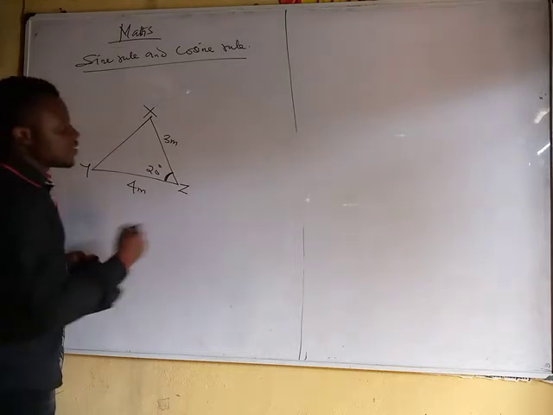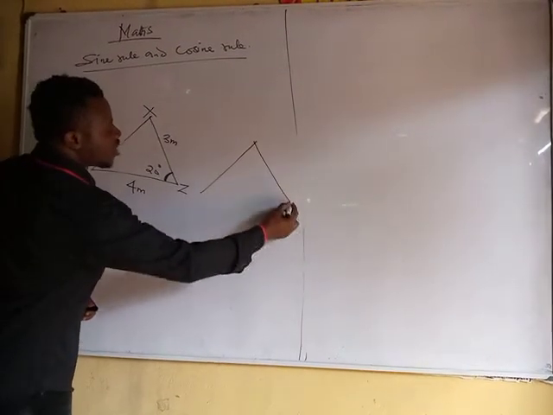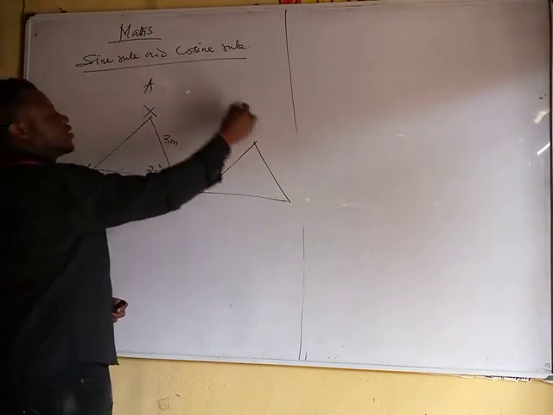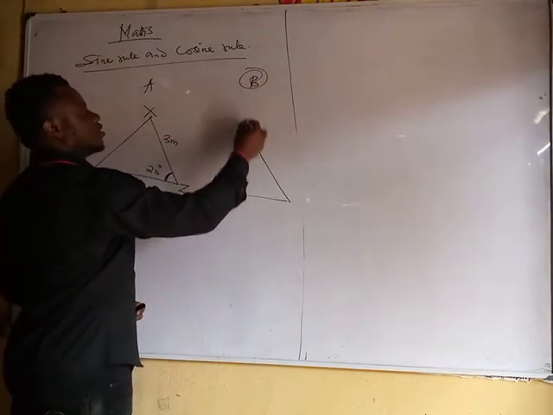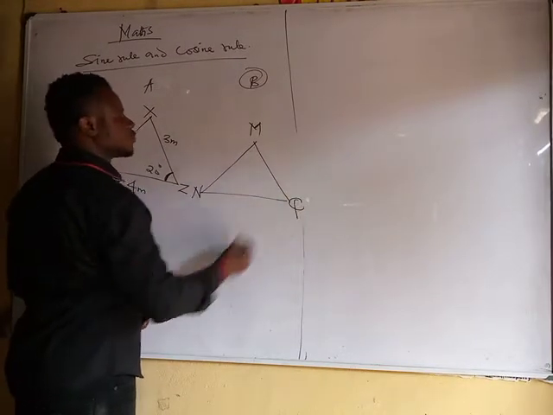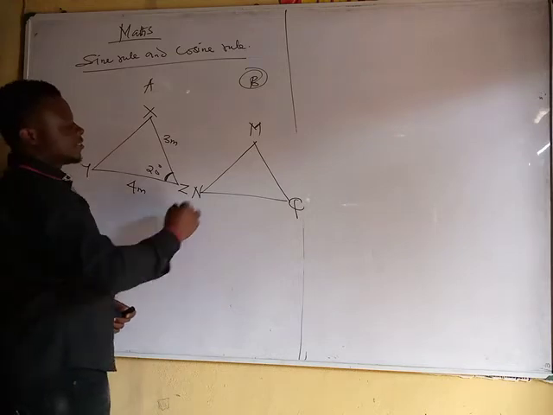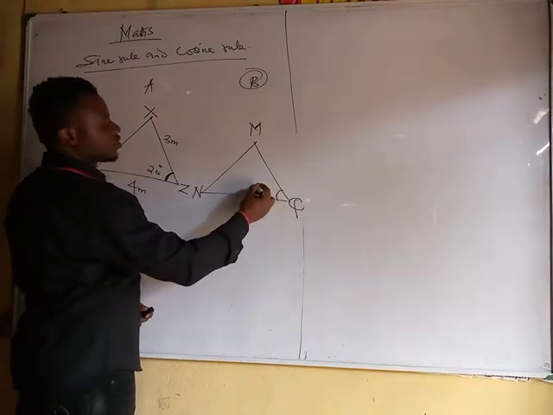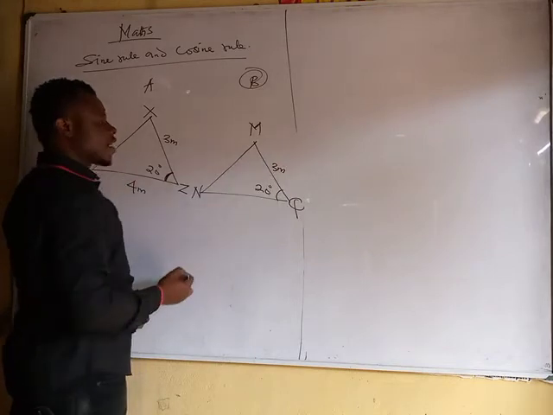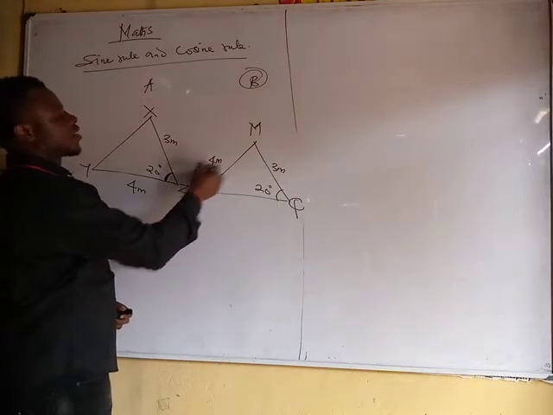If I take another triangle, this is A, this is B, this is M, N, Q. But in this case, this is 20 degrees, 3 meters, and 4 meters.